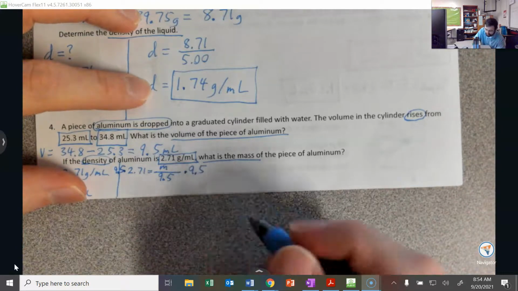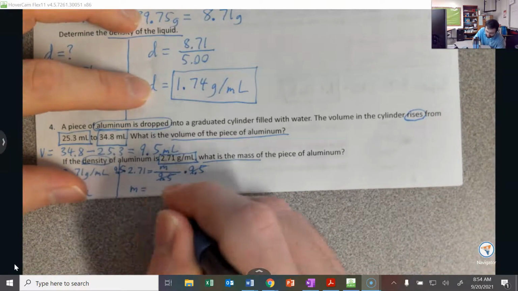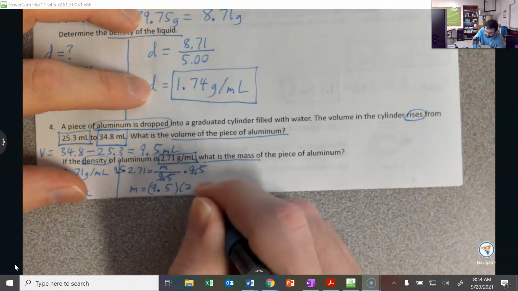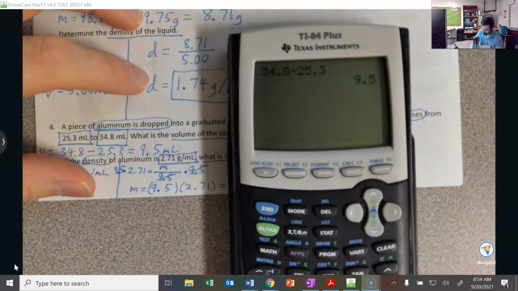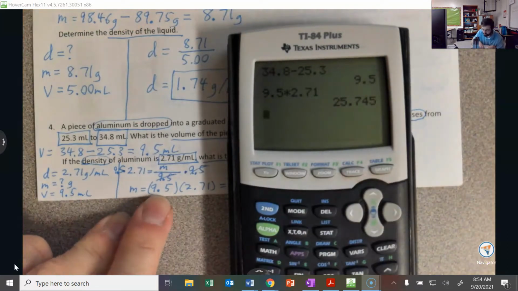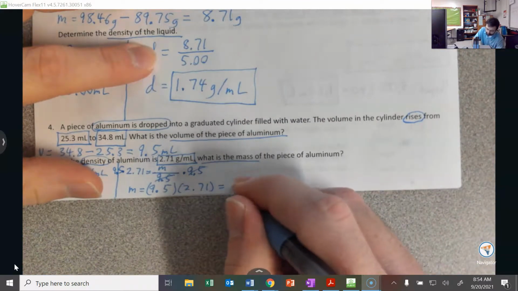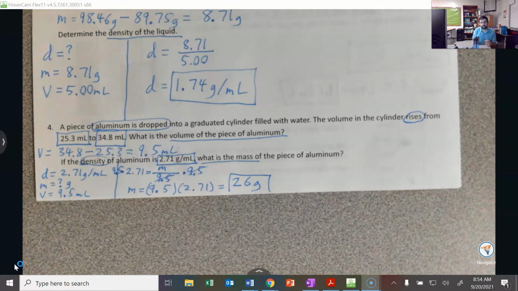This cancels out, and over here we end up with mass equals 9.5 times 2.71, and I get 25.745, but I only want 2 significant figures, so that rounds up to 26 grams. All right, that's it for density. Spend a little time doing the practice on density.